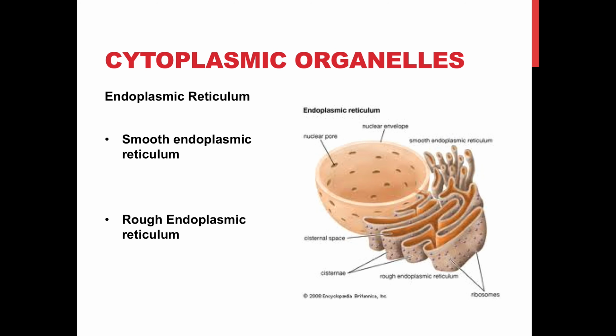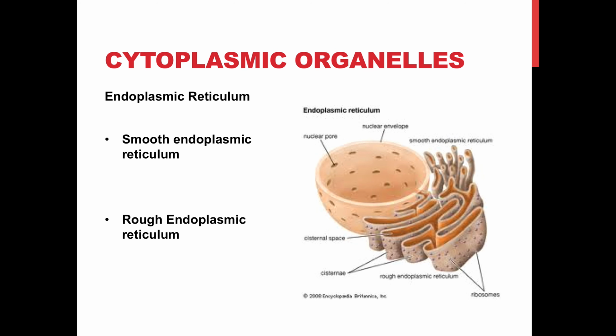Because ribosomes are the site of protein synthesis, it makes sense that proteins are produced and stored and packaged and transported within the rough ER. In the smooth ER, there's no ribosomes, so that means there's no protein. So they're responsible for lipid metabolism, hormone metabolism, and lipid storage and packaging, processing, things like that. They're also a little bit different in shape.